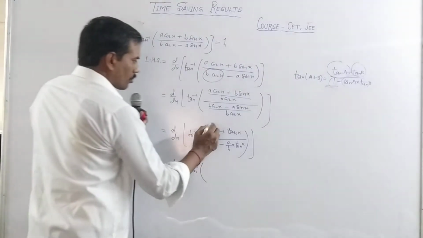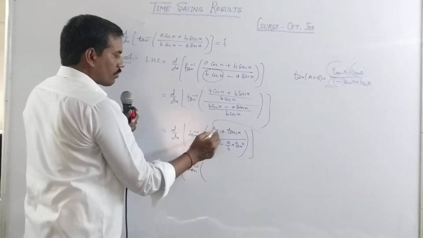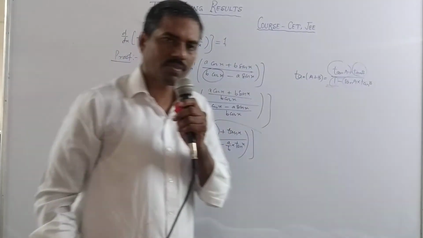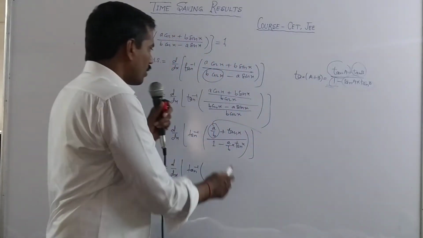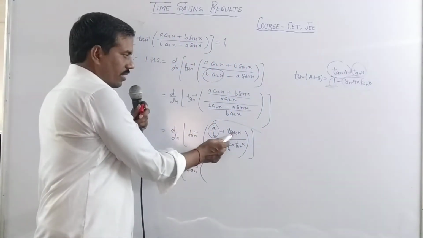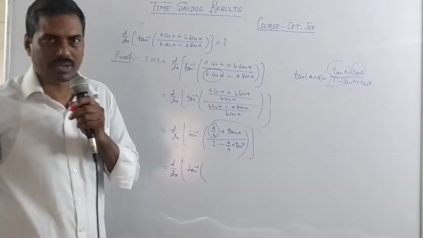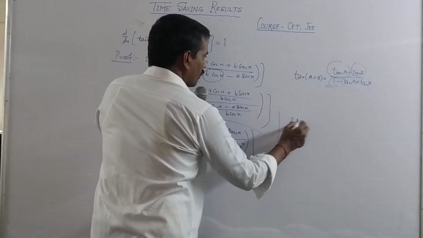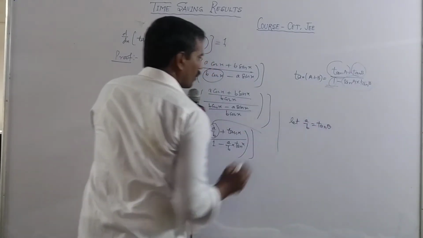Since in that format both terms should be in the form of tan, tan a plus tan b, but here the second term is tan and the first term is not in the form of tan, assume let a by b be equal to tan theta.